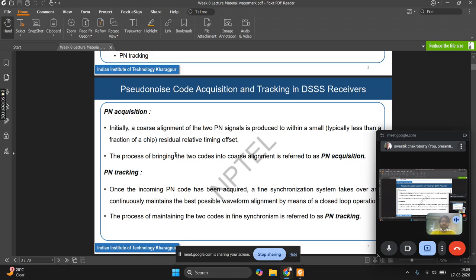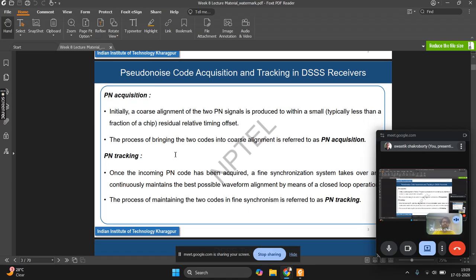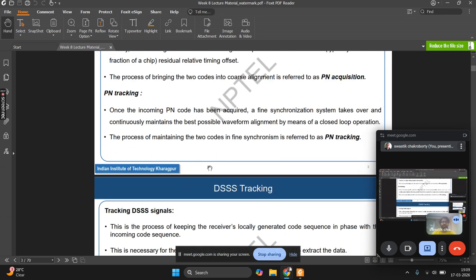PN tracking, once the incoming PN code has been acquired, is a fine synchronization. So a fine synchronization system takes over and continuously maintains the best possible waveform alignment by means of a closed loop operation. It basically tries to latch onto the incoming PN sequence and tries to be in lockstep with the incoming PN sequence as much as possible.